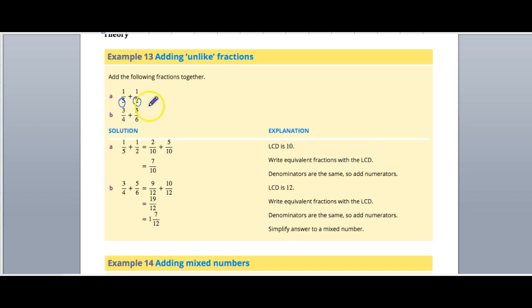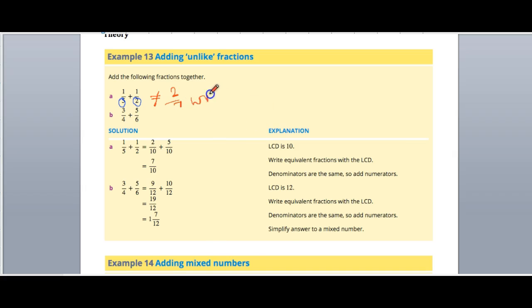And one common error people make is that they add the top numbers and then add the bottom numbers. So I might just do that in red to show you that it's not the case. This sign means does not equal. So we don't add the ones together and we don't add the 5 and the 2 together, okay?